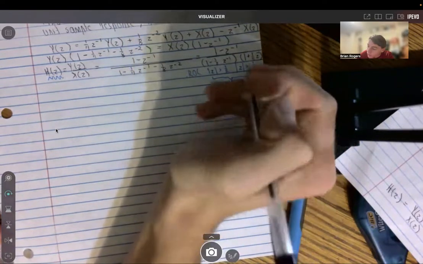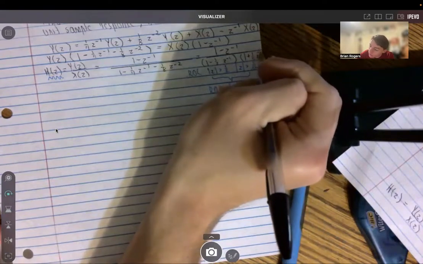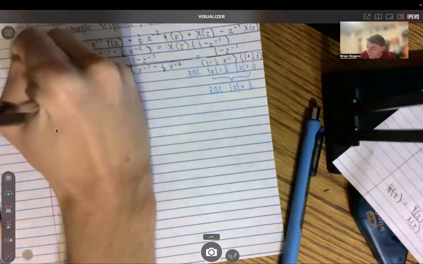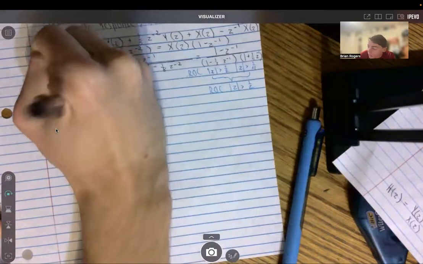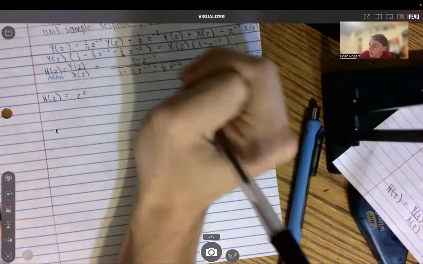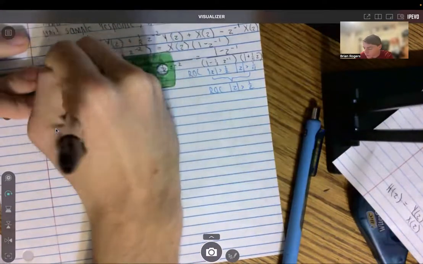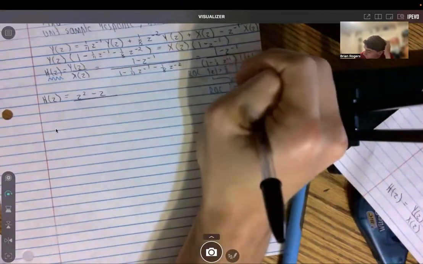When we're looking at this, the highest power of z is z to the power of 2. So when I'm writing my h of z, if I multiply the numerator and denominator by z to the power of 2, I'm going to get z to the power of 2 minus z all over, and then in our denominator, we distribute one z here and one here.